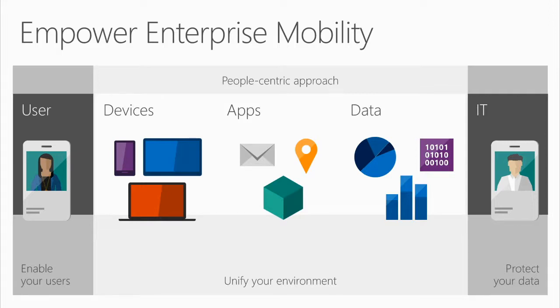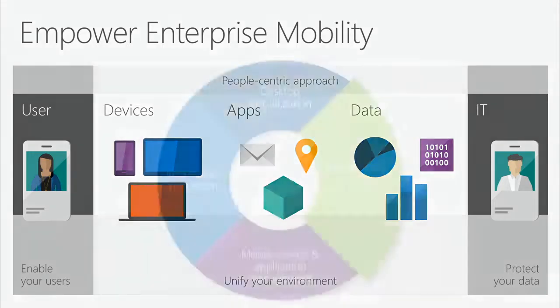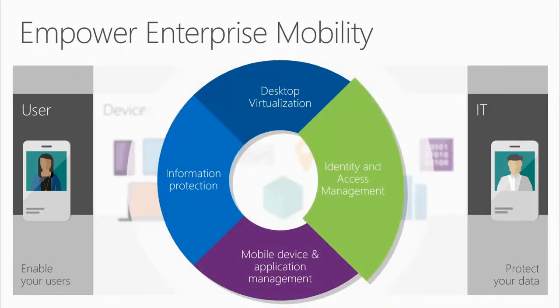IT has a sometimes competing side of it, which is, how do I have the right controls and the right enablement to make sure I get security and compliance? Some of the core pieces of that come together in the Enterprise Mobility Suite, which has device management, remote app, and information protection, but from our point of view, the most important one is the focus on identity access management, and that's the focus of our talk today.